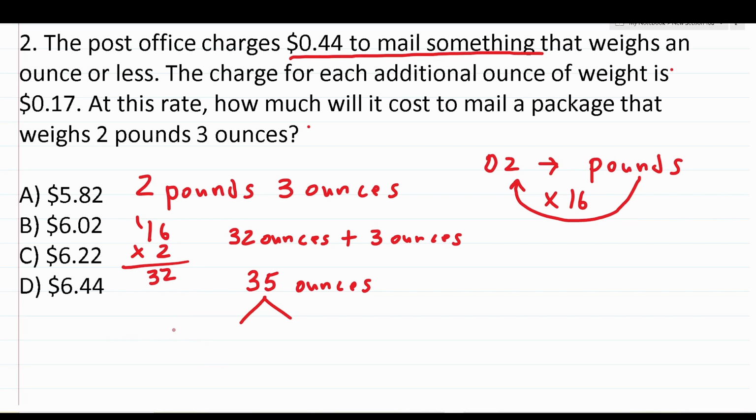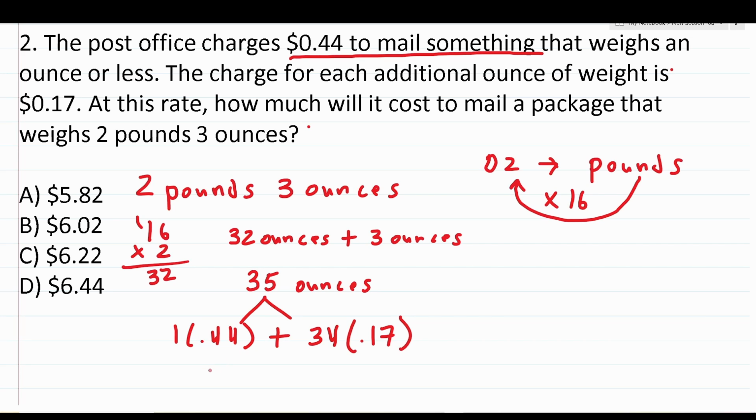We have 1 ounce of this package costing 44 cents to mail, which leaves us with 34 ounces of our remaining package, and it costs 17 cents for every additional ounce to mail. So by solving this, 1 times 44 cents plus 34 times 0.17, we'll know how much it's going to cost to mail this package in total.